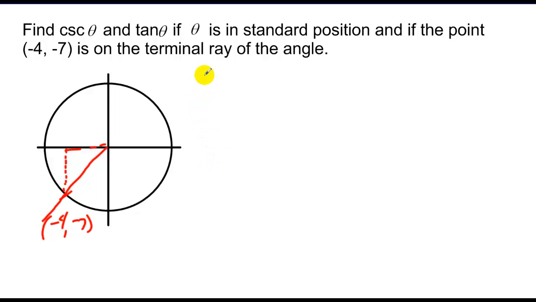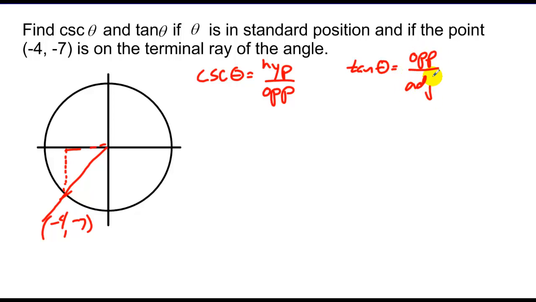Well, the cosecant is equal to the hypotenuse over the opposite, and tangent is equal to the opposite over the adjacent. Now, the thing we don't have in this case, if I have negative 4, negative 7, I know my x is negative 4 and my y is negative 7. Notice I've got a right triangle. Here's an angle, but I don't have a hypotenuse, which I'm going to need.